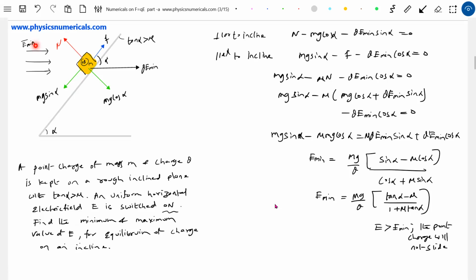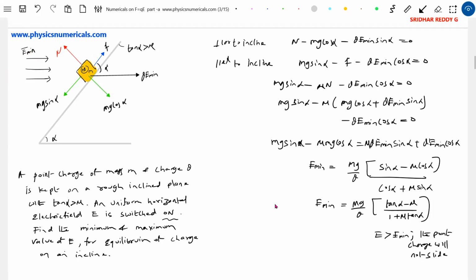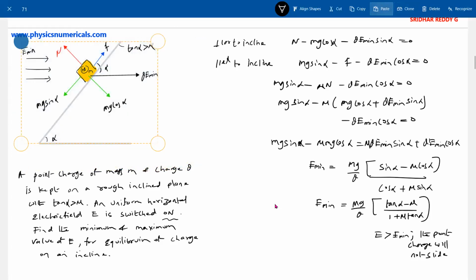Then that particular E will become E max here. Let me take the same diagram.